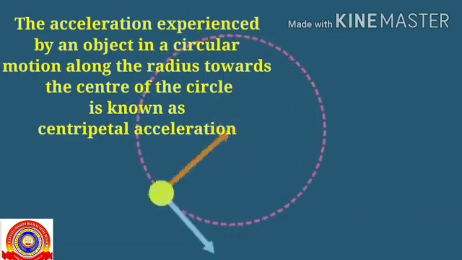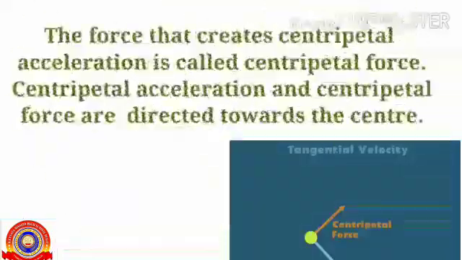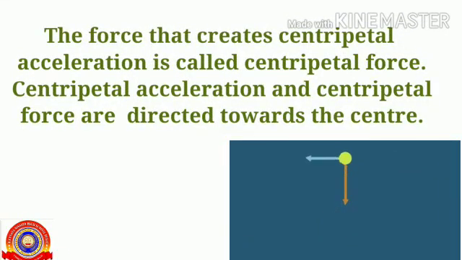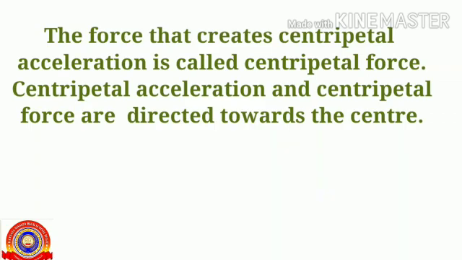This is centripetal acceleration. The force that creates centripetal acceleration is called centripetal force. Centripetal acceleration and centripetal force are directed towards the center. That means both are concentrated towards the center.